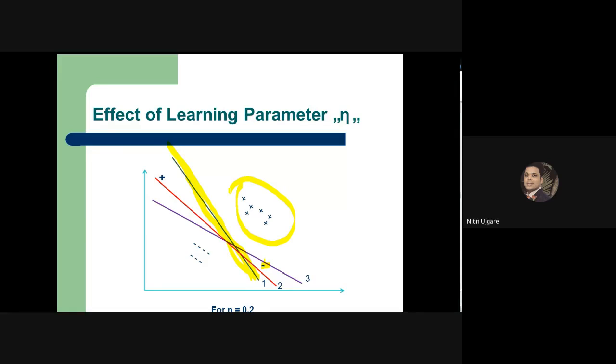So what we will do, we will update the weight vector and we take the value of this learning parameter as 0.2. So what we get is this second classifier, which is indicated with the red line.